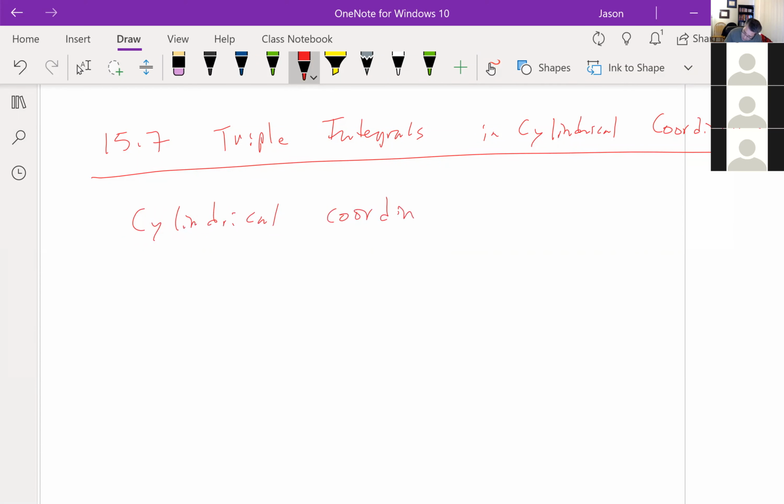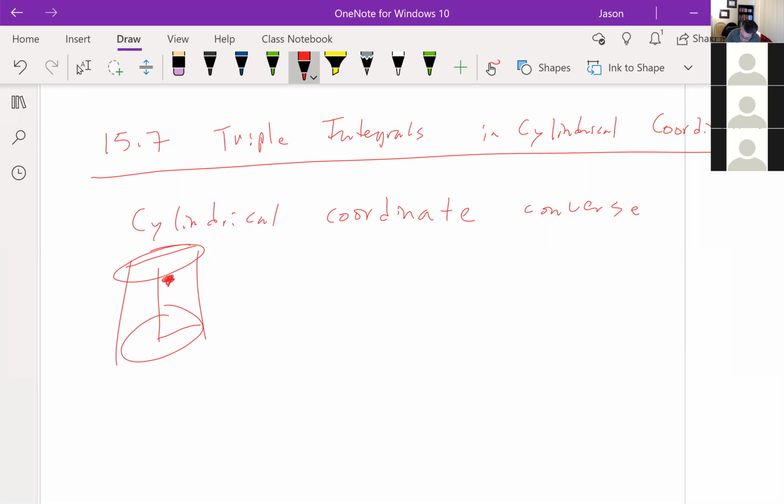What does it mean to be in cylindrical coordinates in 3 space? It means that we have an X and a Y and a Z. And where is this position in 3 space with respect to a cylinder?